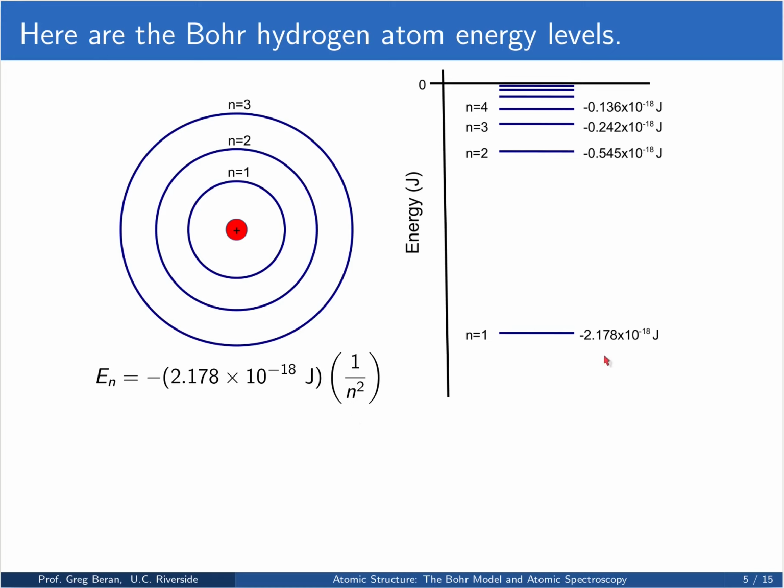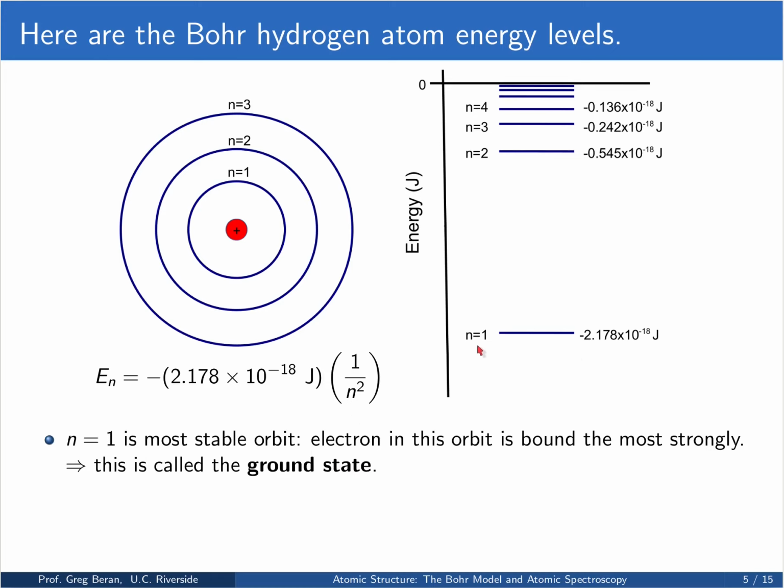So we first see that the ground state is n equals 1. The ground state is the most stable orbit for the system. If n equals 1, the energy is minus 2.178 times 10 to the minus 18 joules. This is the lowest energy possible state that the electron can be in, with the electron flying around in this orbit.